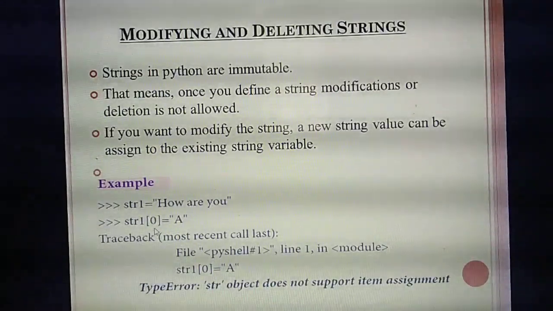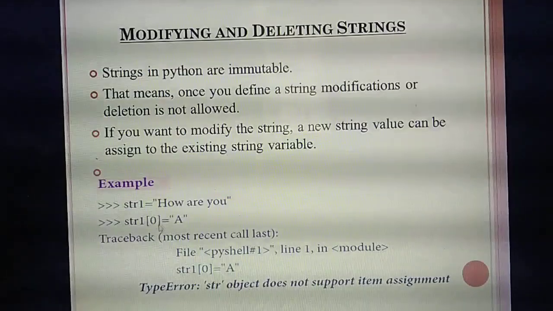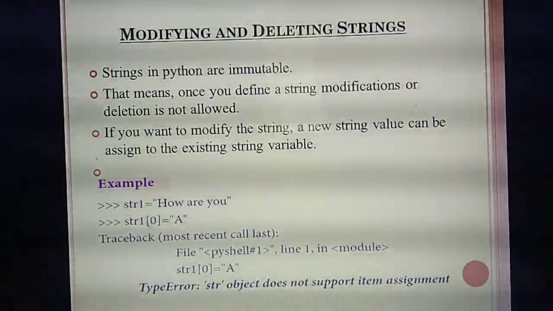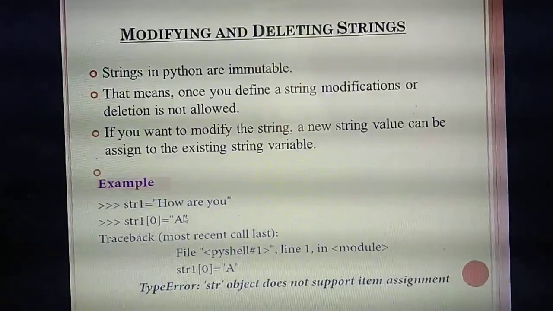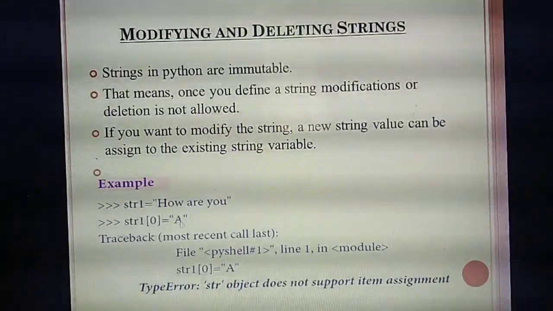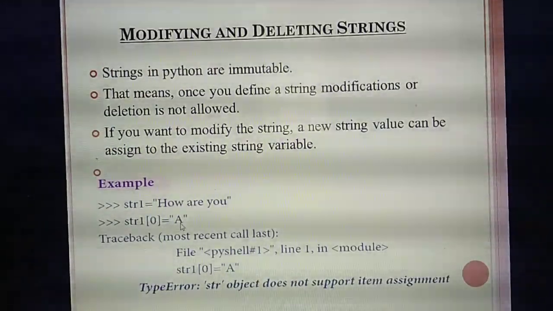Already you have studied the index value. They have declared it inside this bracket, so this is the index value. Next line they are giving str1 of 0. What's the meaning? In this string, at the 0th place, you are going to add the character A, instead of the character at that place, you are giving the character A.